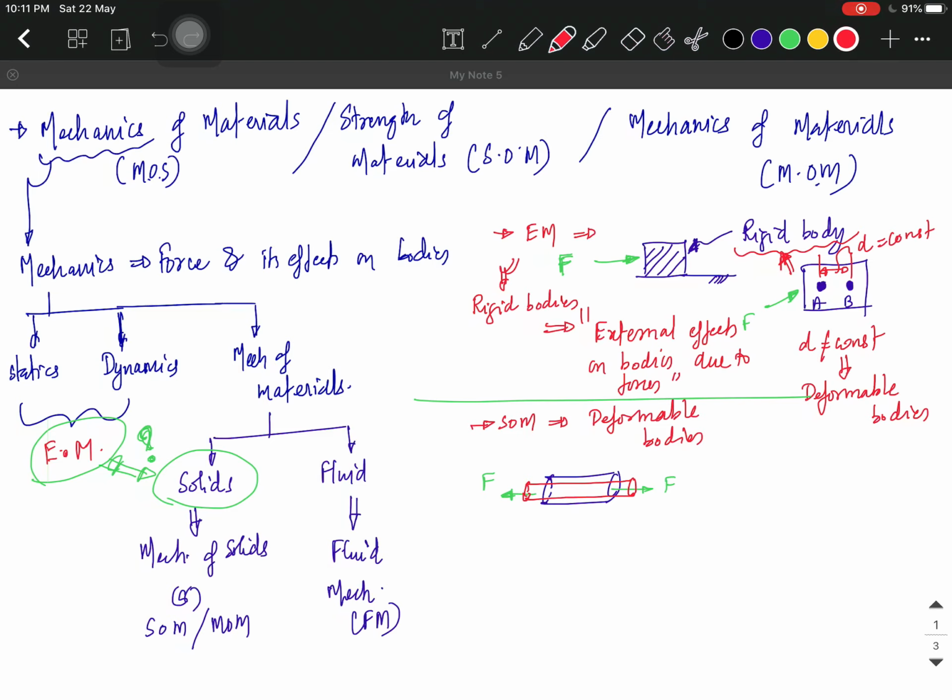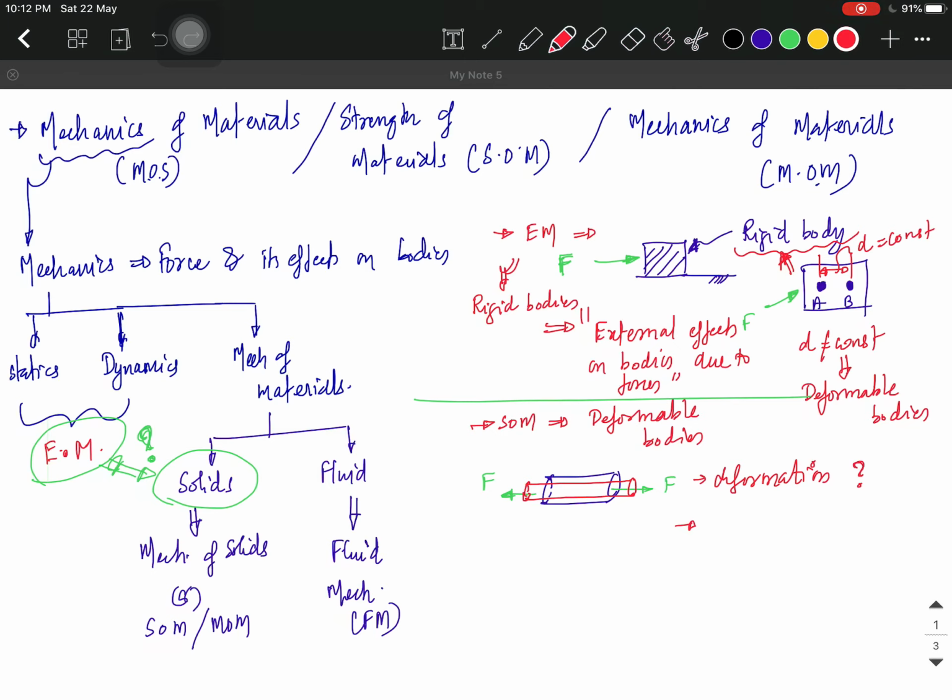So we are concerned with the deformation. In this subject we are concerned about how much deformation is occurring, and also, upon the application of these external forces, what is happening inside this particular body.